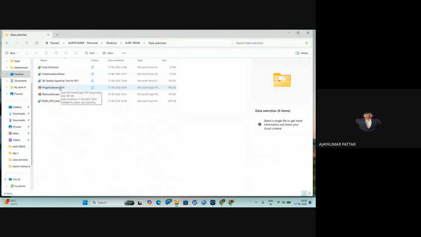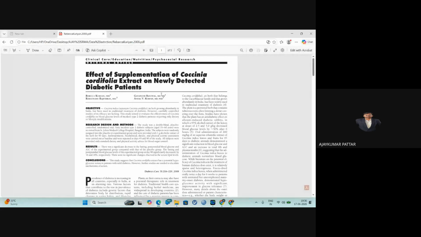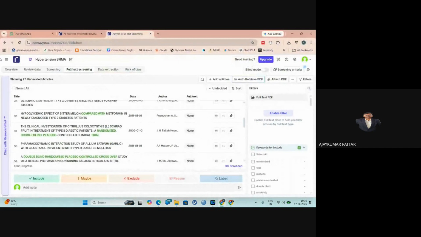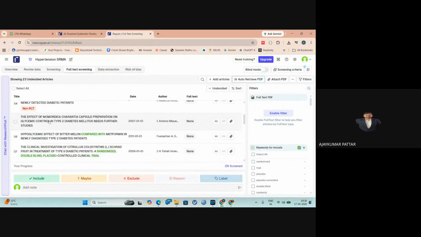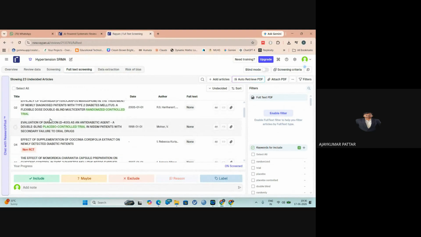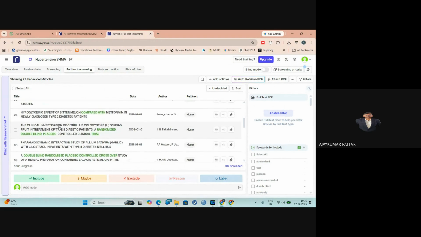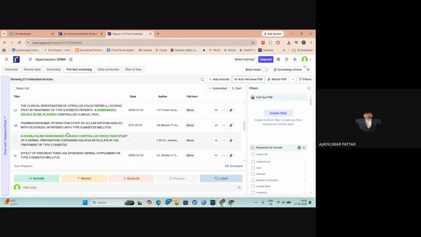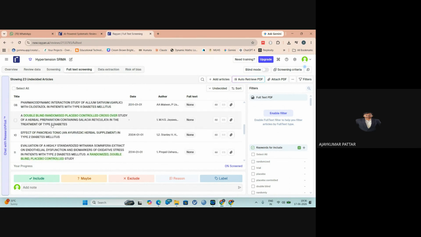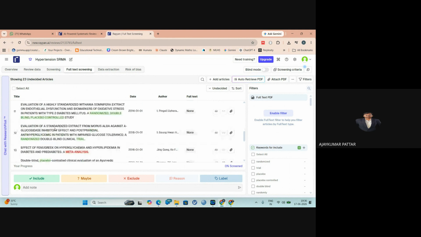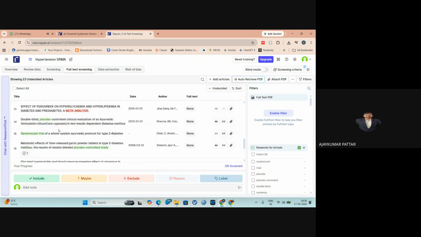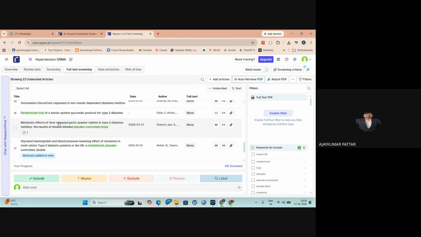The first one, effect of supplementation of Coccinia cordifolia extract. So this paper is not available. So which one? We check whether we are uploading that particular paper there or not.